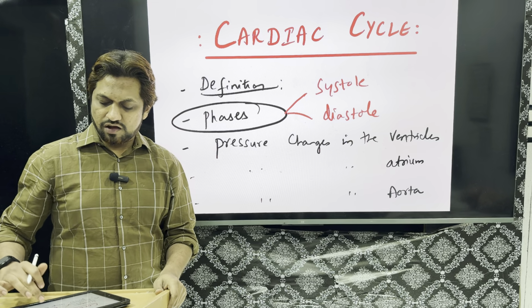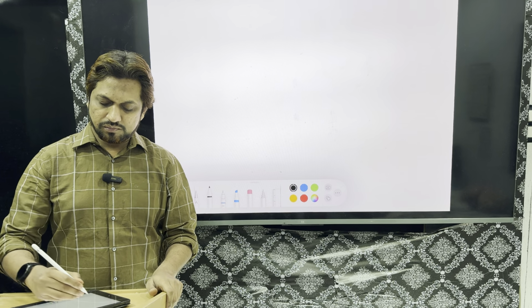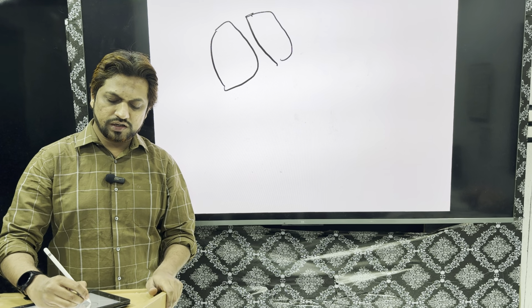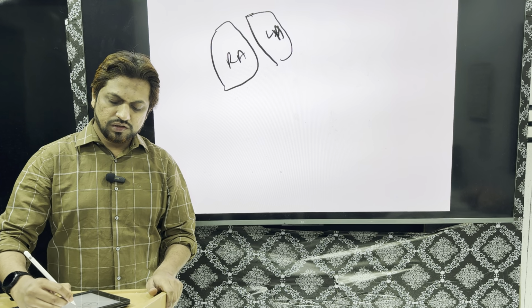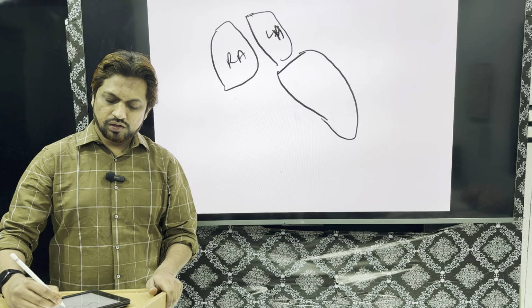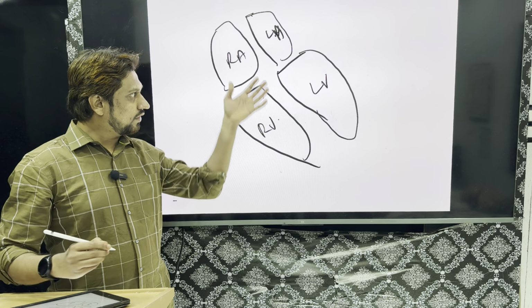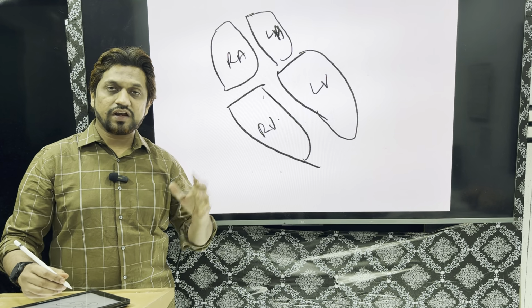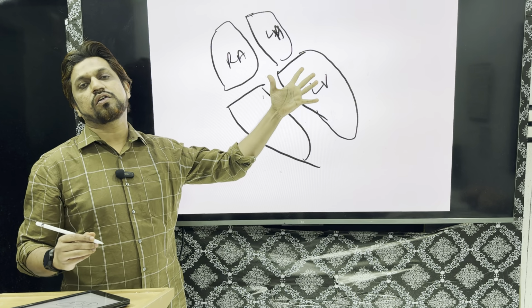But as you are aware, the heart is made up of four chambers, two atria, the right atrium and left atrium, and the left ventricle and right ventricle, right? These atria and ventricles contract separately, so we have atrial systole and atrial diastole, ventricular systole and ventricular diastole.